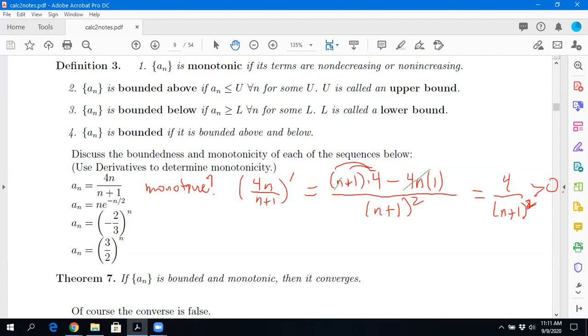So what can we conclude here? Thus, the sequence an is monotone. But we can say more than that. We actually know which direction it's moving always. Which way is it always moving? So it is increasing.